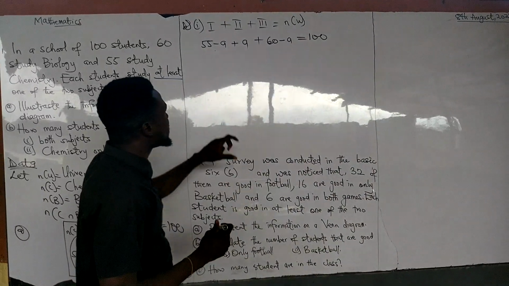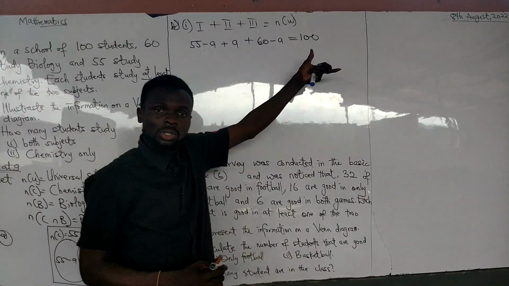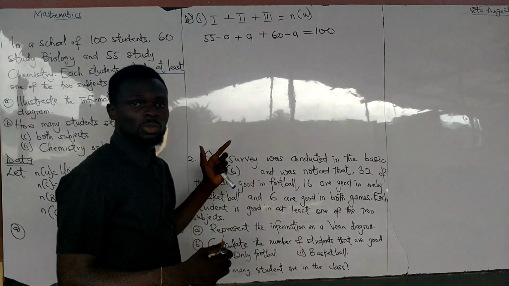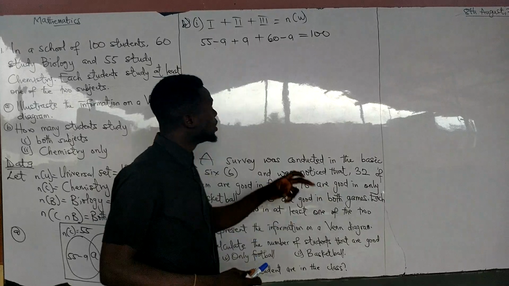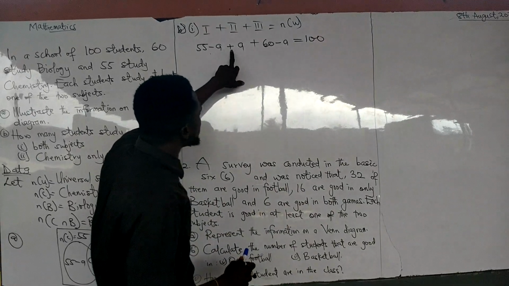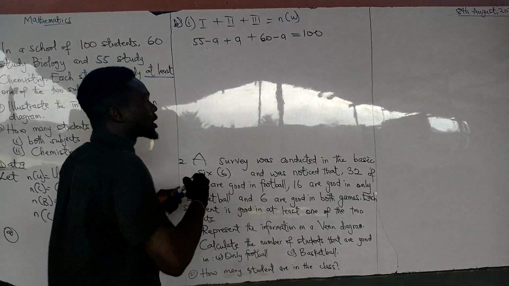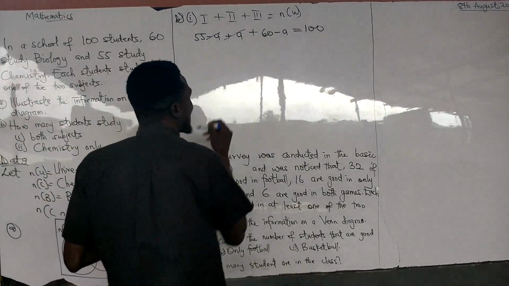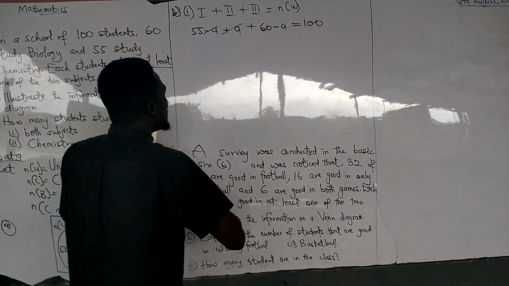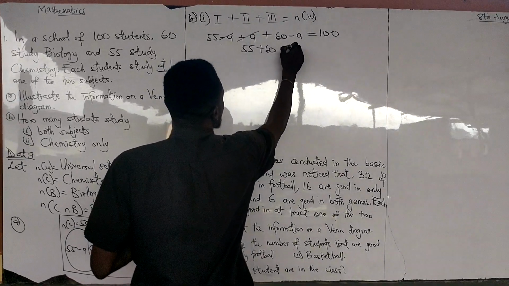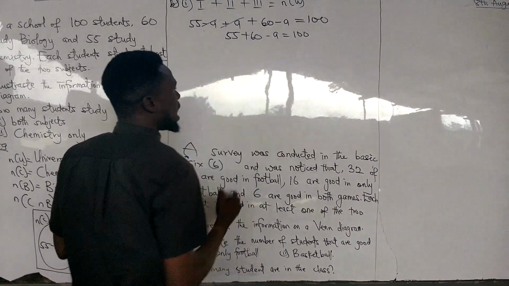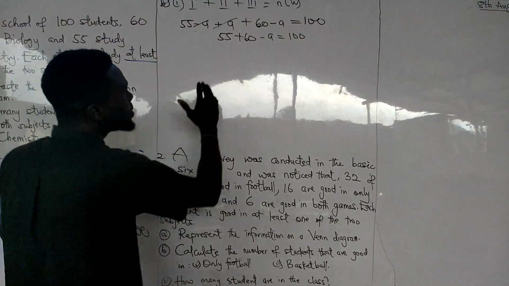So now that we have an equation with variables on one side of the equal sign, we simplify to get a value of A. So we have negative A, positive A. These two will cancel out each other. Now we are having 55 plus 60 minus A is equal to 100. Then you simplify.